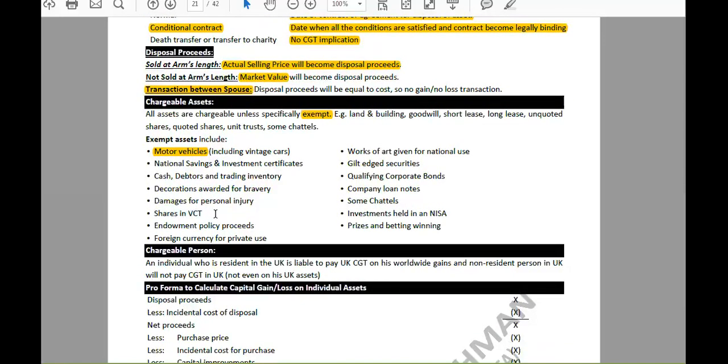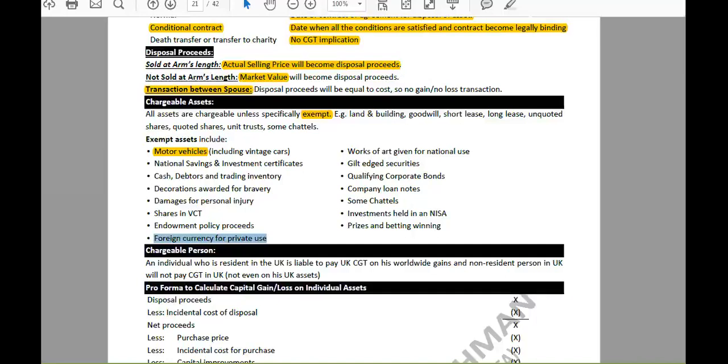Endowment policy proceeds. Endowment policy is normally a government fund for poor people. So if you are receiving anything from the endowment fund, it will be exempt. Foreign currency for private use. If you have foreign currency and you have an exchange gain or loss on it, there will be no tax on the exchange gain or loss, because currency means cash and cash means current assets.